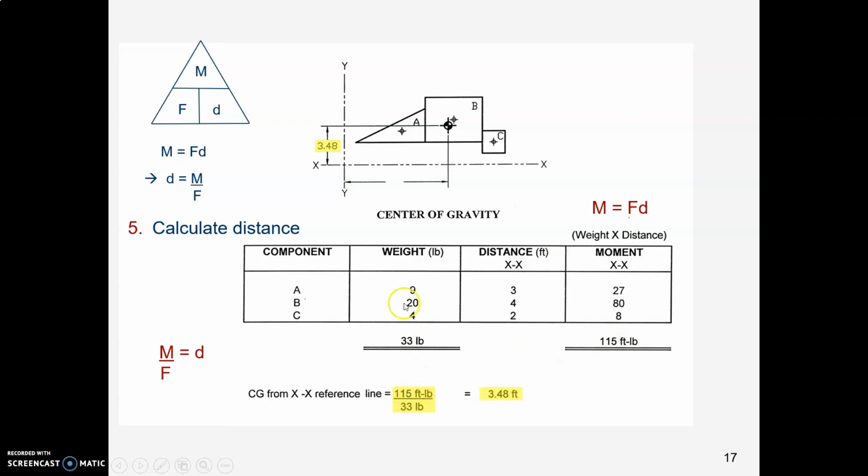Here's our total force, a weight of 33 pounds. Moment divided by force equals 3.48. That's the distance. That is Y bar. That is the distance from this imaginary line in the Y direction to the center of gravity of this snowplow thing.